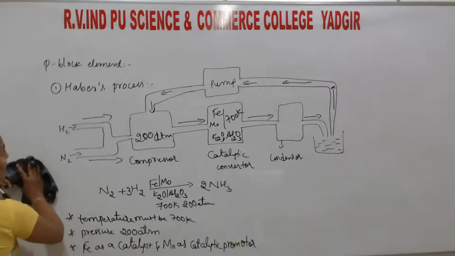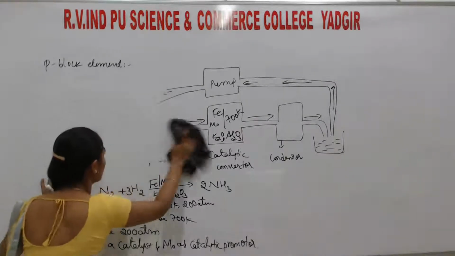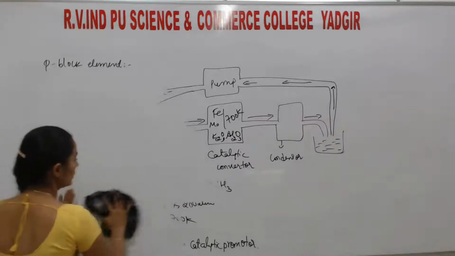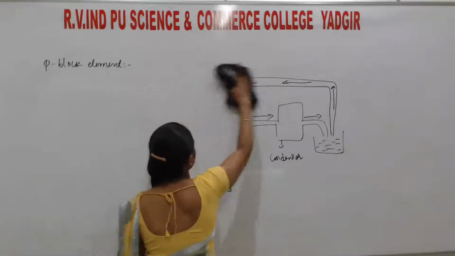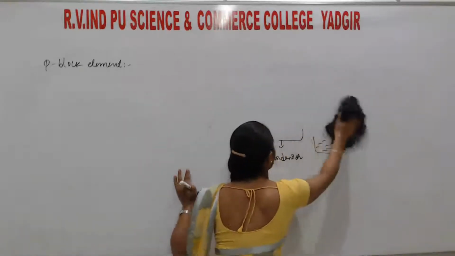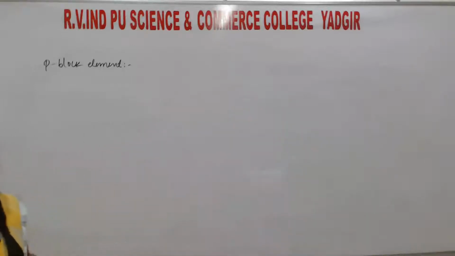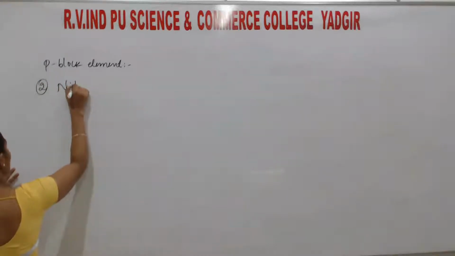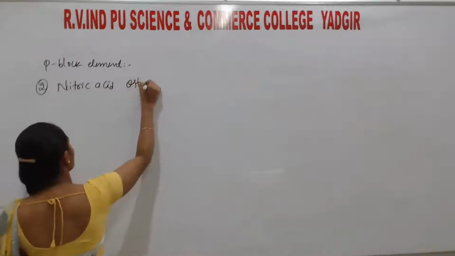So the next one is the manufacture of nitric acid by Ostwald's process.